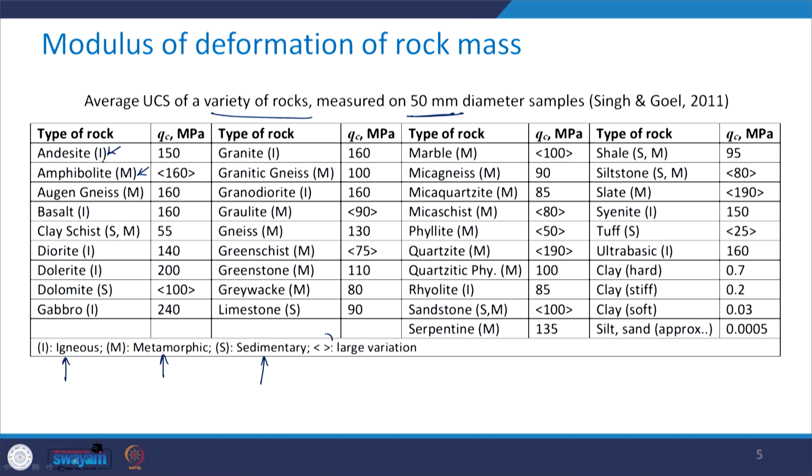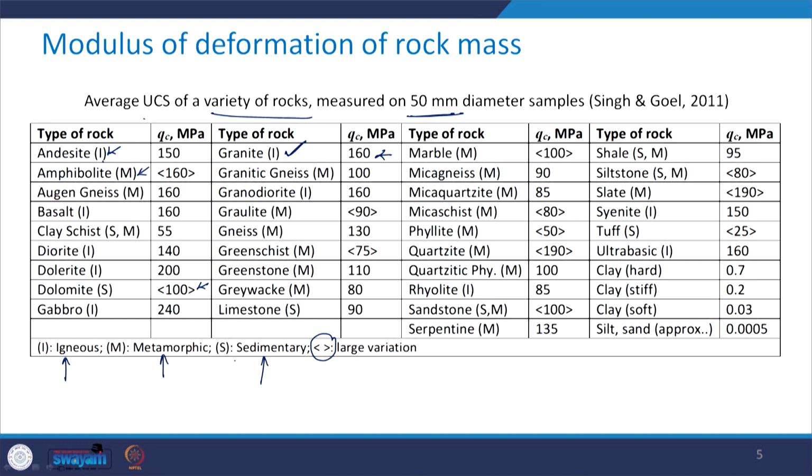And wherever you have such a symbol, this means that a large variation takes place. Let us say, for example, granite is an igneous type of rock, and typically its average UCS value is going to be about 160 MPa.